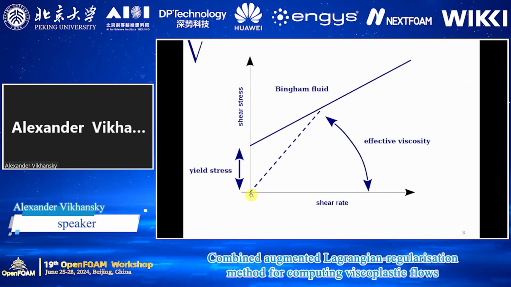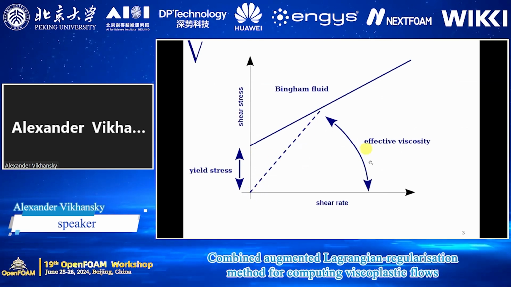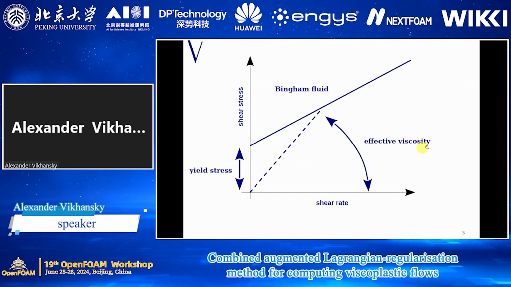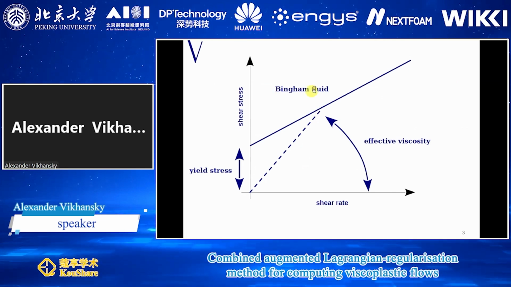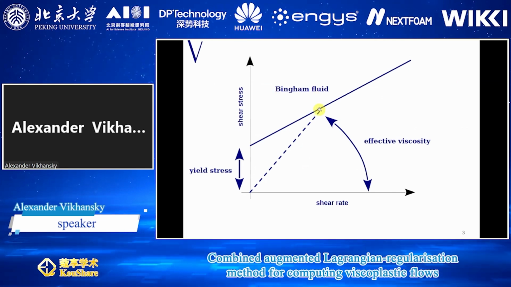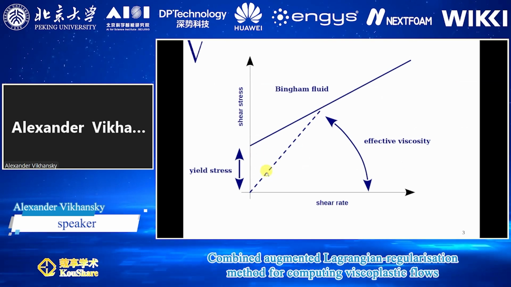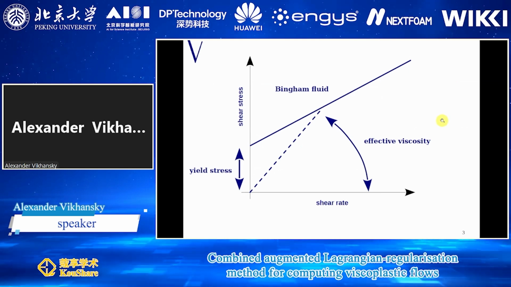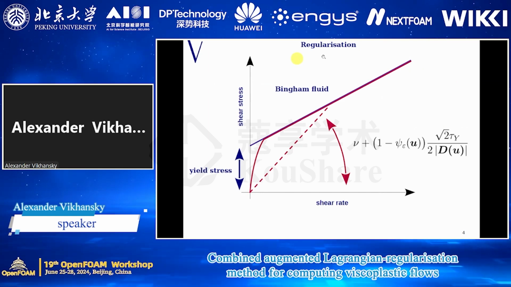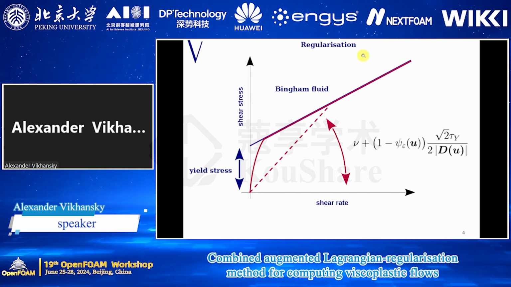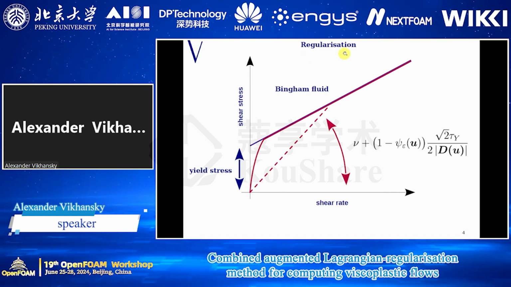And if I draw this curve, I can say that the tangent of this angle is an effective viscosity, and here you can see the main difficulty associated with the Bingham fluid. If this point approaches zero, the tangent of this angle becomes infinity. And it is why probably one of the most popular approaches in the modeling of viscoplastic fluids is so-called regularization.